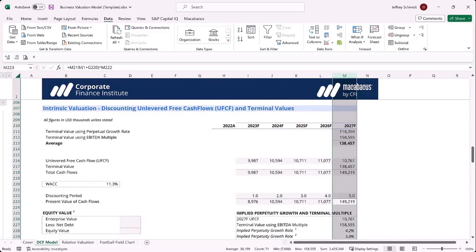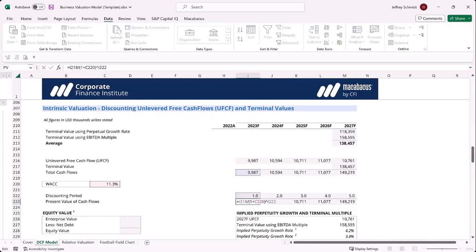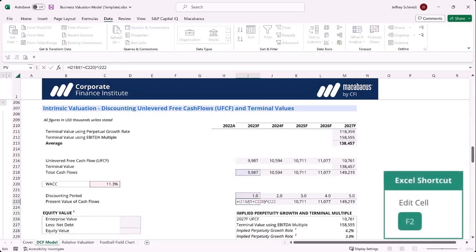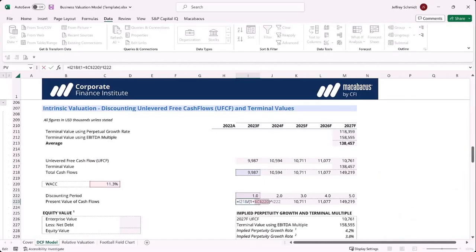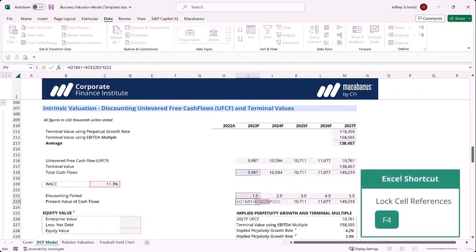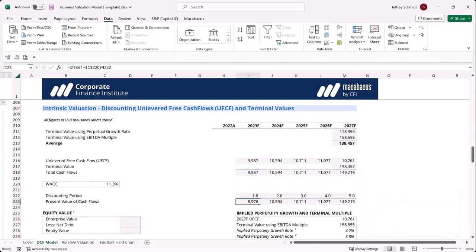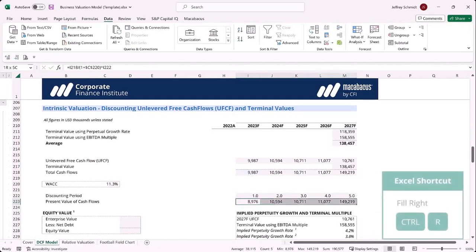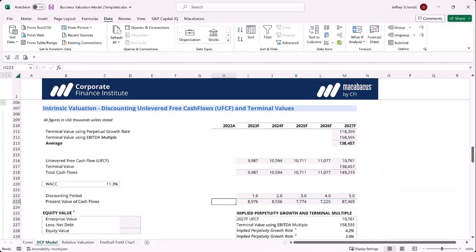So in year 5, you can see I have 149 million, which is what the undiscounted cash flow is. And that's because I forgot to anchor the WACC calculation. So we hit F2 to go into edit mode, F4 to anchor WACC. And now we can copy that out. Now it makes more sense.